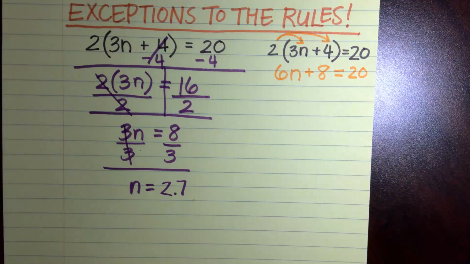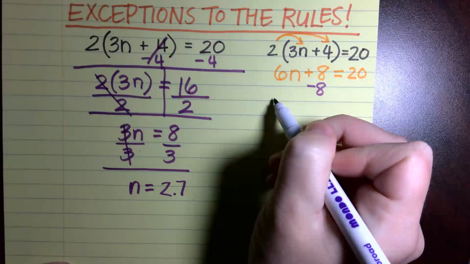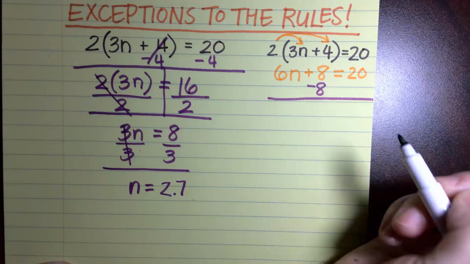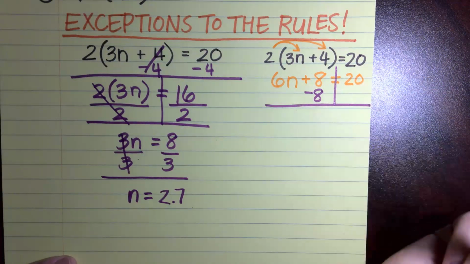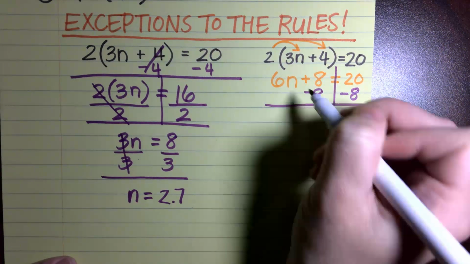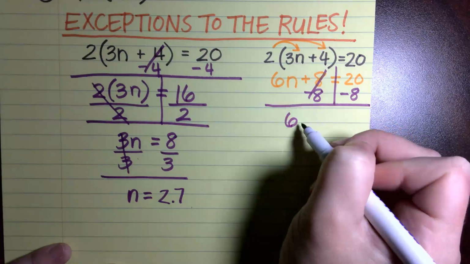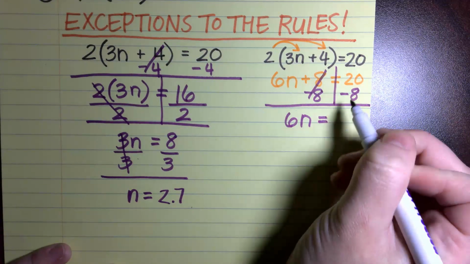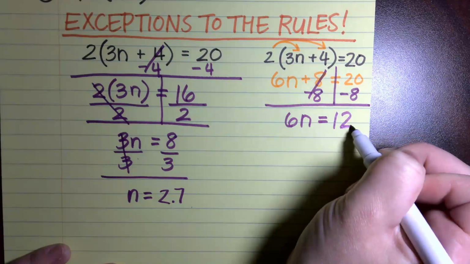Yes, we have a plus 8, so we want to actually do minus 8 to cancel it out. The goal is to do the opposite so that we can get rid of it. So where else do we need to subtract 8? Under the 20. Good. My 8's are going to cancel, so I'm left with 6 times n equals 20 minus 8. I believe that's 12.